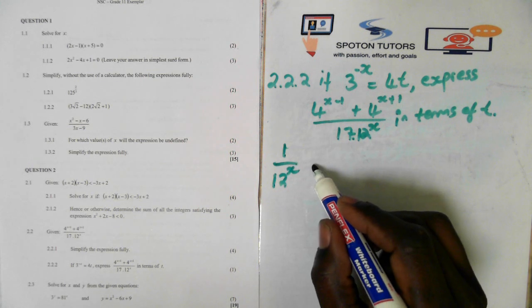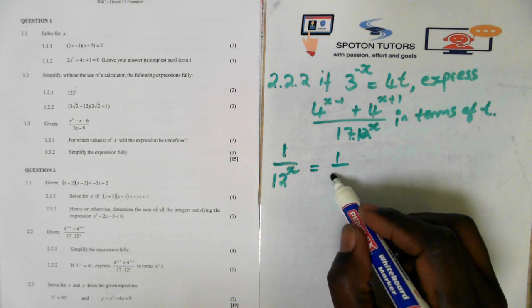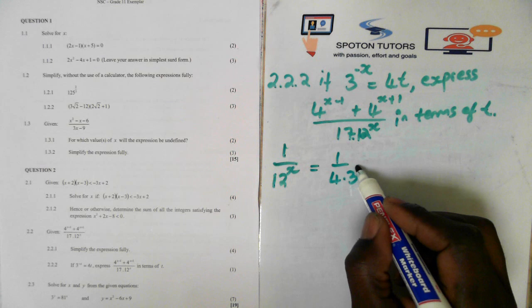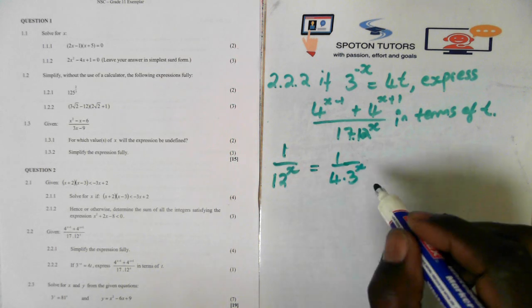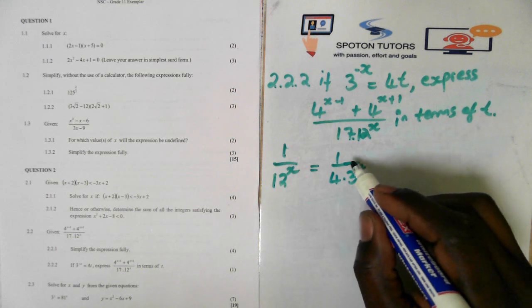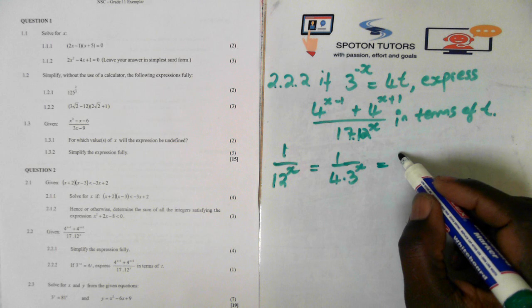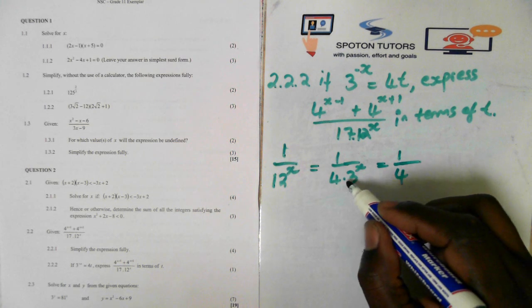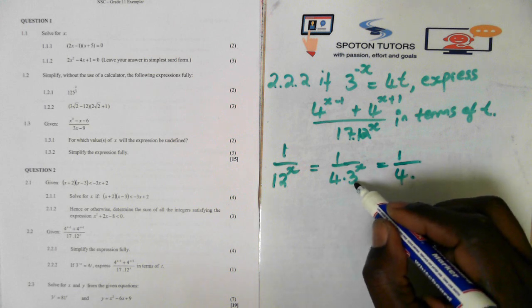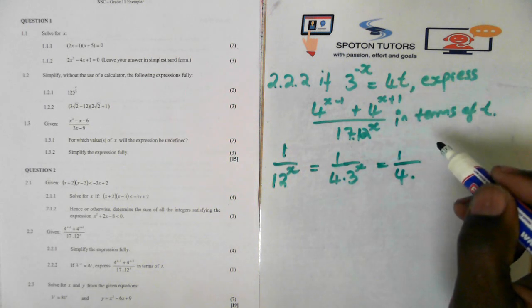Because of that, we then are able to say 1 over 4 times 3 to the power x is the same as that. Then, because this is 1 mark, we are able to say that 1 over 4 times this is here.